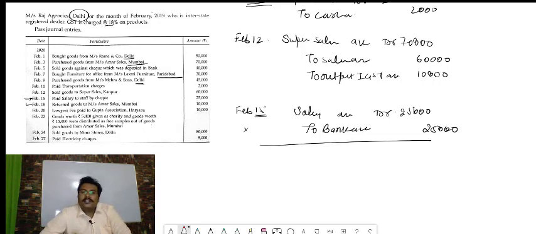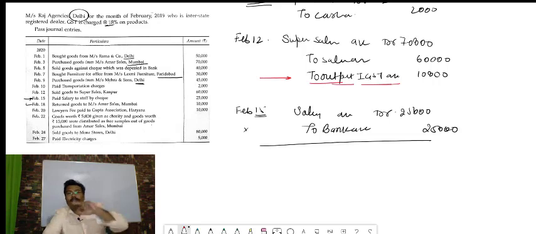And how can we decrease? By a simple opposite entry. So on the time of purchase, if input CGST is debit, on the time of purchase return, input CGST will be opposite, credit. Similarly, on the time of sales, output GST is credit. So on the time of sales return, this will be opposite, debit. Okay. So guys, without any delay, let's solve this particular question.